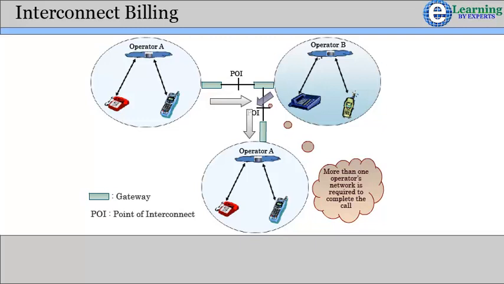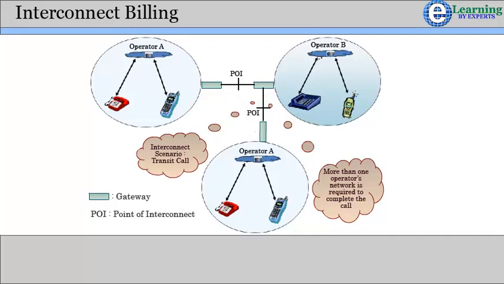Though starting point and end point belong to the same network, another operator is involved to complete the call, so it's an interconnect scenario. This type of calls are called transit calls, required to terminate the calls.